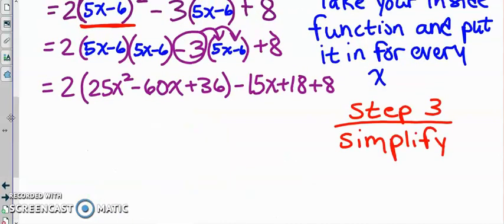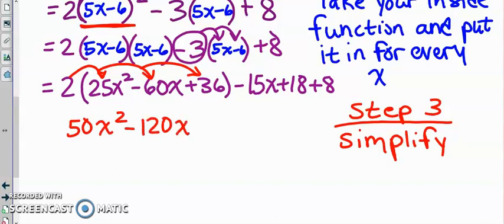All right, so now we just keep simplifying it down, because that's what we said we're doing. So we're going to distribute the 2 through. Distribute the 2. All right, so here we get 50x squared minus 120x plus 72 minus 15x plus 18 plus 8.